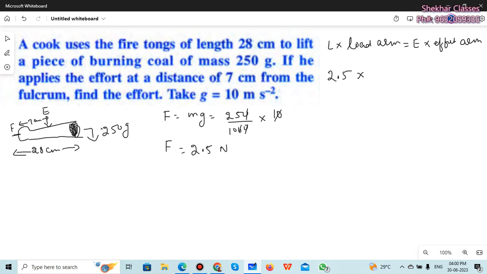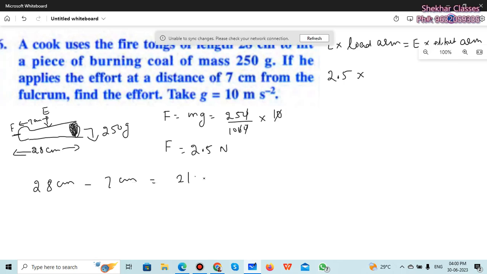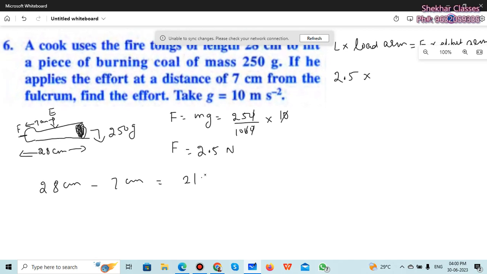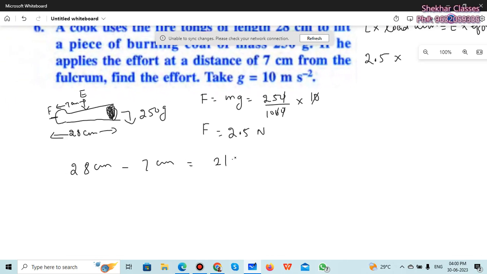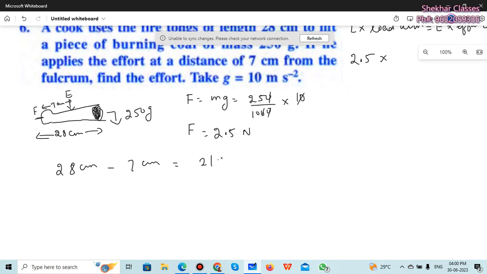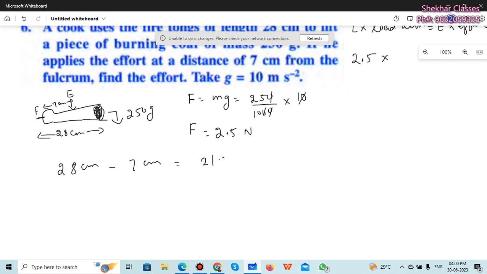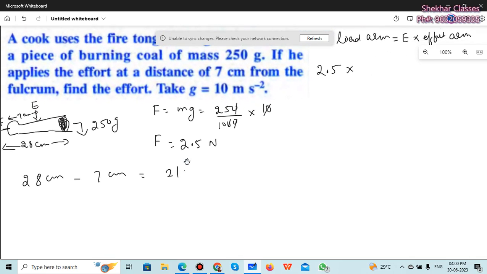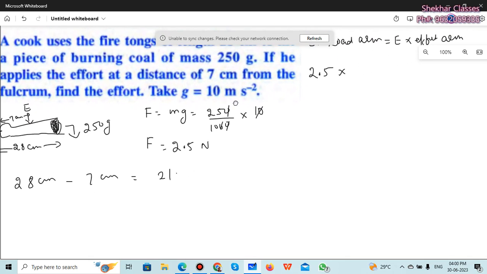The total is 28 centimeter, so I will subtract 7 centimeter from there, which is 21 centimeter. Something is wrong here.